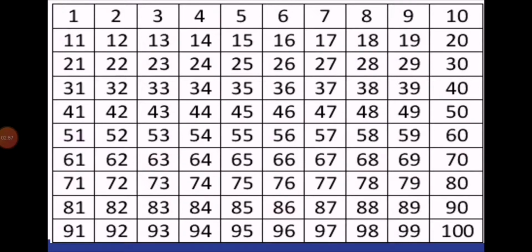So start counting on your fingers: 98, 97, 96, 95, 94, 93, 92, 91, 90, 89. So it means 89 is 10 less than 99. So the numbers are decreasing by 10 if we count upward on a 100 square grid.